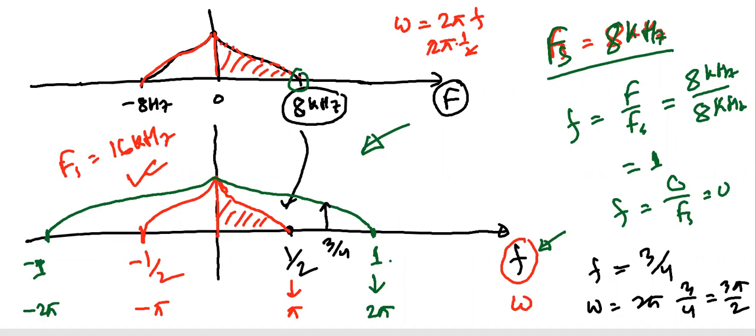What is the identical signal of that? First of all, what you need to find is the identical signal in the discrete domain and the alias signal in the time domain. Let's say this is your omega 1.